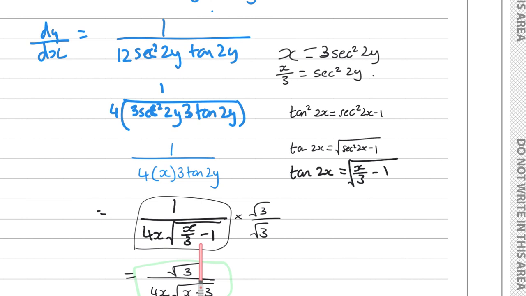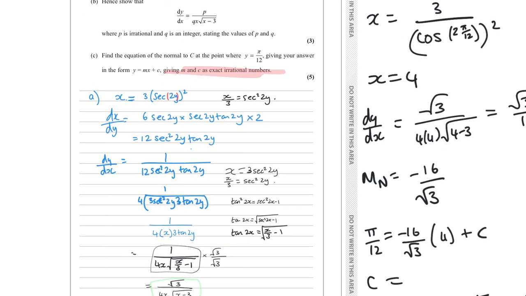Okay? I'm now thinking to myself, what do I do now? Because in the question they want root 3 on top, don't they? If we have a look at the question, they want a square root of 3 on the numerator.